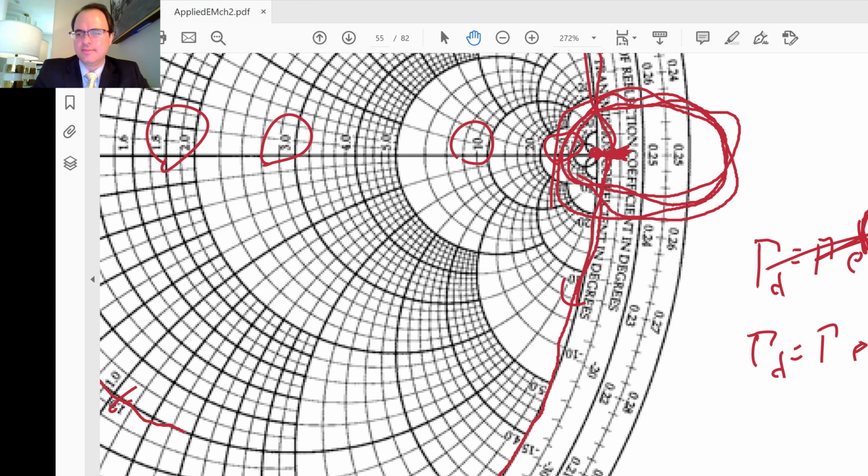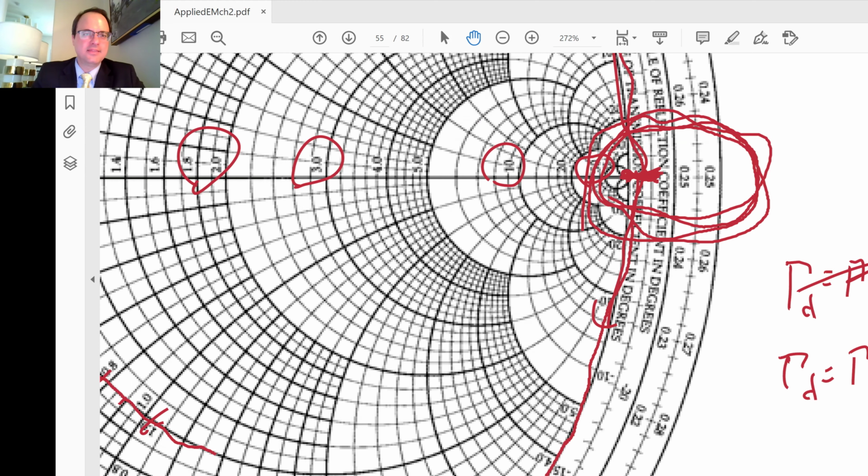This theta r would be our rotation. So as d becomes larger, we go in the clockwise direction in our complex plane because of this minus there.